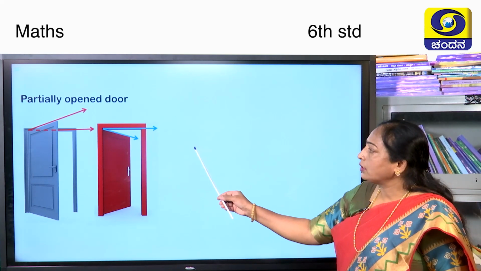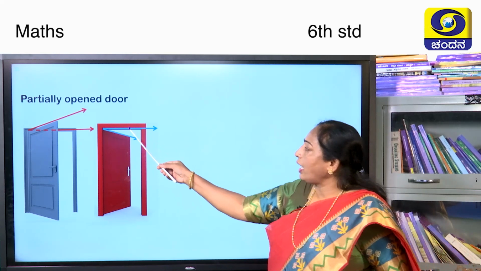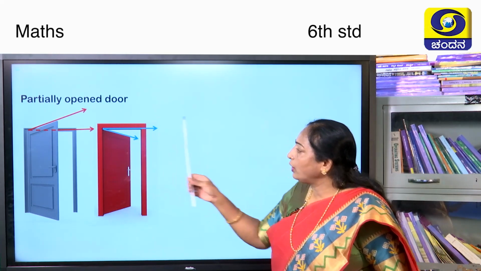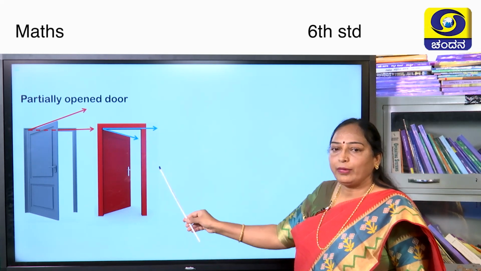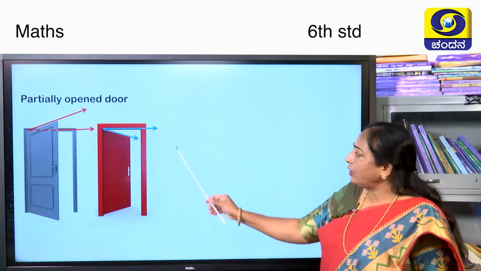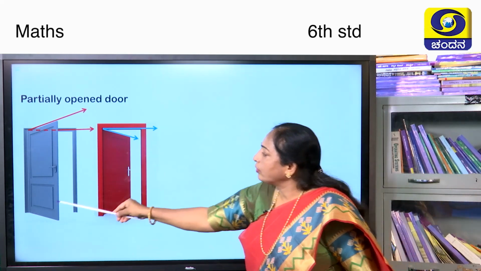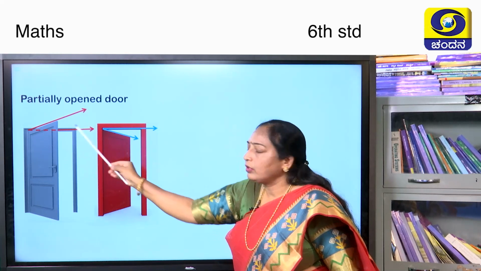Look at this partially open door. The door gives an idea of the angle. In daily life, we are seeing this. When a door is pulled or pushed, it makes an angle. Here, we can see the angle between the frame and the door. Here also, the frame and the door.